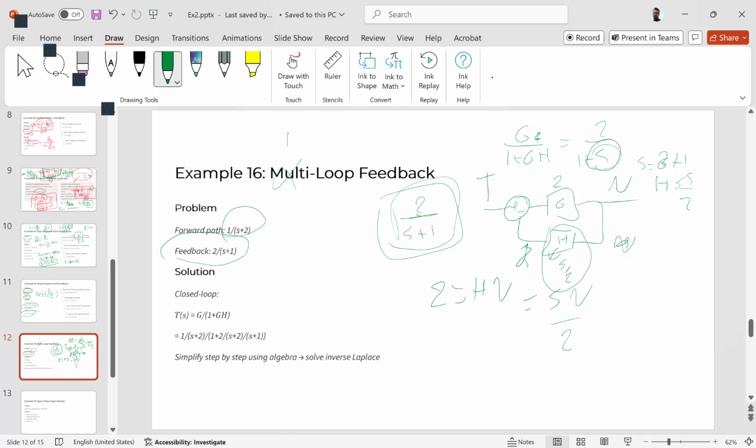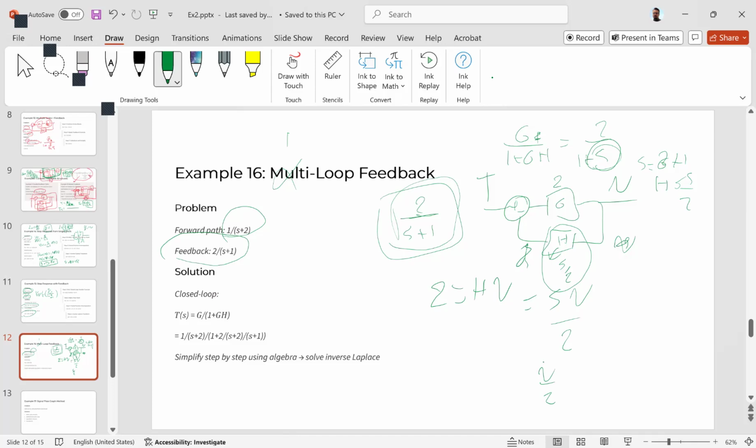What component could we have as H here? It makes a derivative of the voltage. So in time domain, it becomes V dot over 2. Are we good?